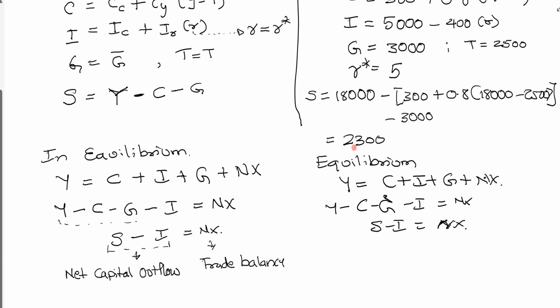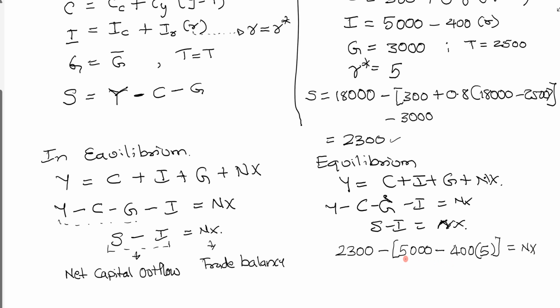We know our savings is 2,300, and then investments is 5,000 minus 400 times r. r is equal to r star, which in our example is 5, and that is equal to our NX.